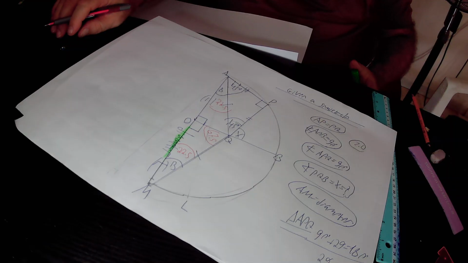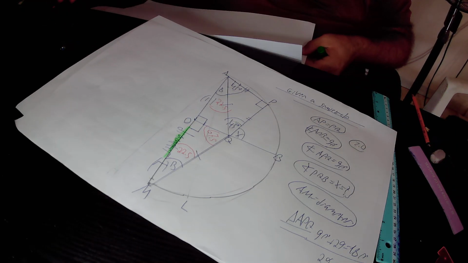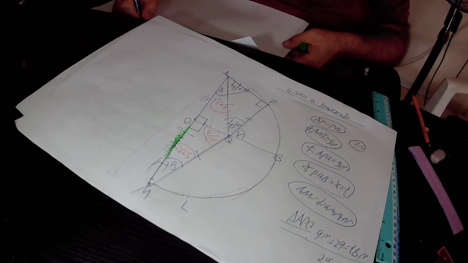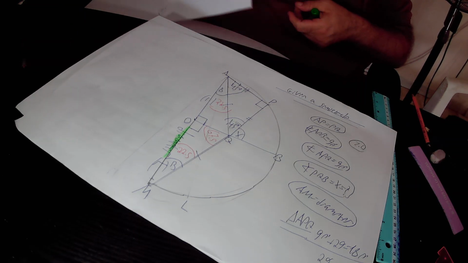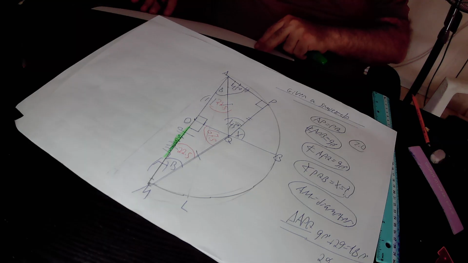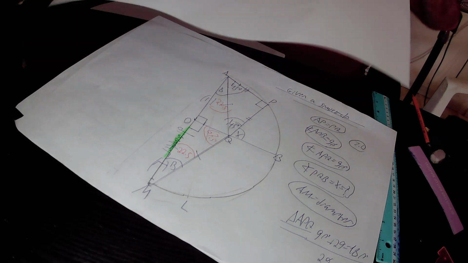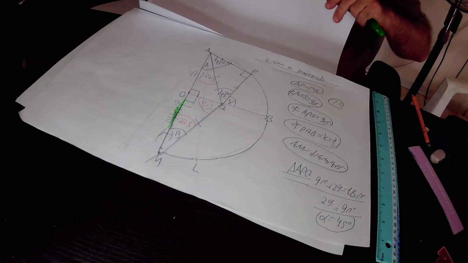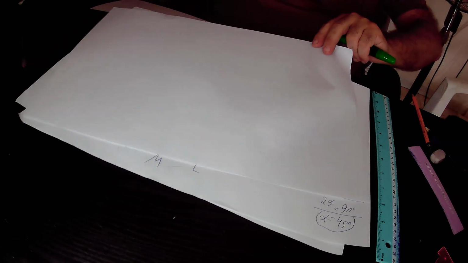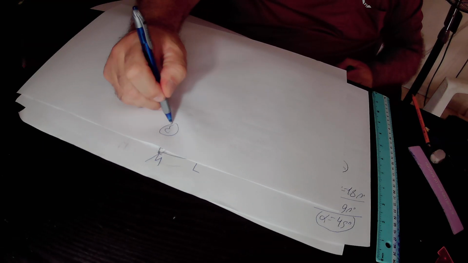Here we will implement the rule that says that vertex angles are equal to each other.